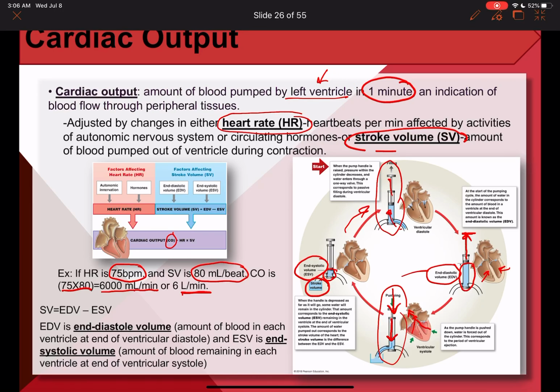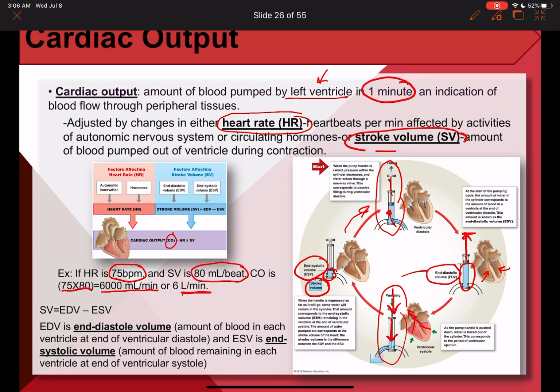So this allows us to calculate SV according to EDV and ESV, okay? Which is why how much we can maximally suck into our water gun affects how much we can push out. Kind of like my son, who is not very strong, he has a hard time pulling that plunger all the way out.